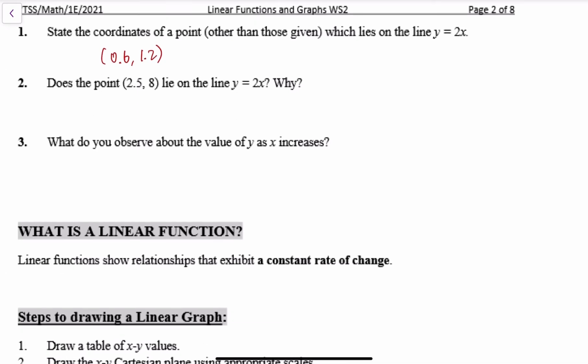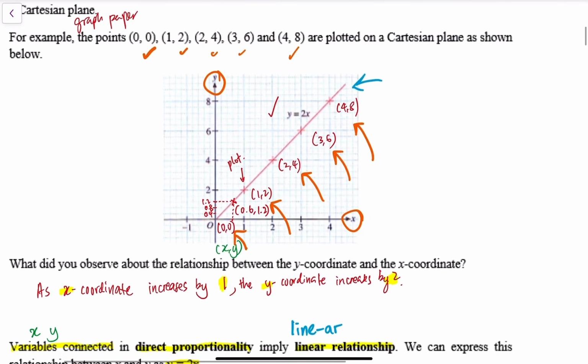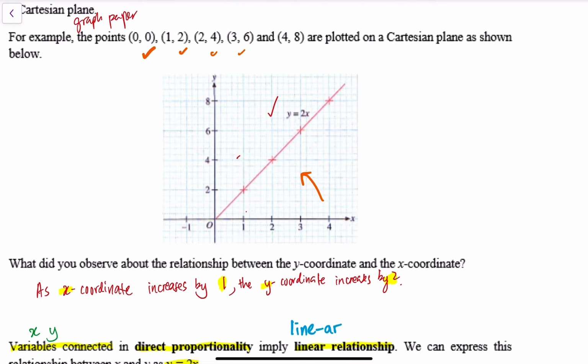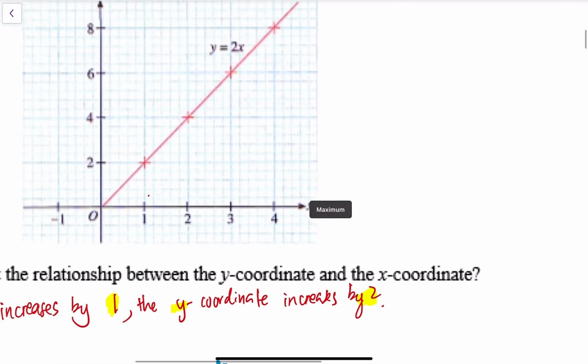Second question: does the point 2.5, 8 lie on the line y equals 2x? Why? Does this lie on the line? Now let's go back to the graph. Okay, I'm going to erase everything because it's a bit crowded. So let's look at the point 2.5. So 2.5 is somewhere here.